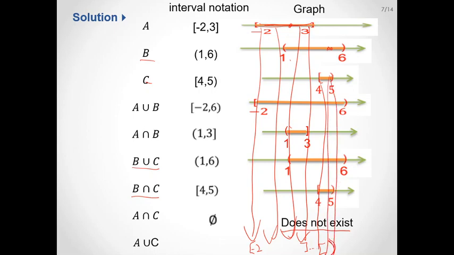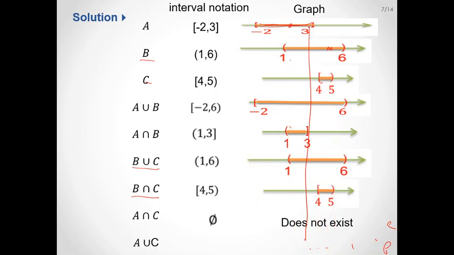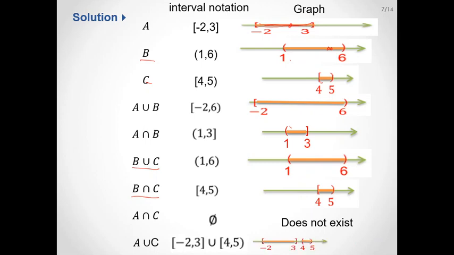So the graph will look like this part and this part. There's a gap here. If there's a gap, we cannot include this. It's not included in the set.